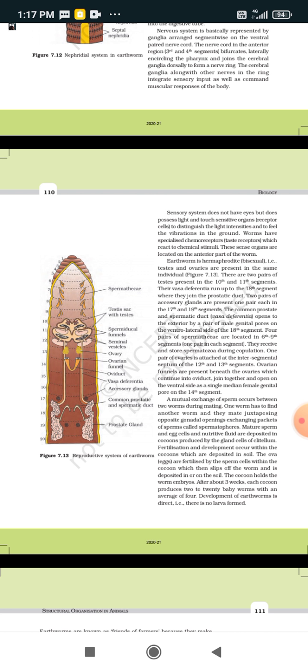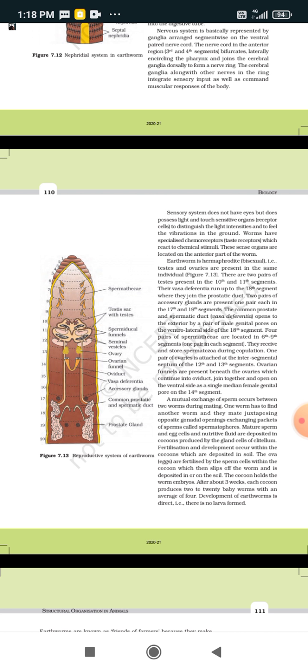You can see in the diagram that both funnels are joined together and open into the oviduct, which opens on the ventral side as a single median female genital pore on the 14th segment.